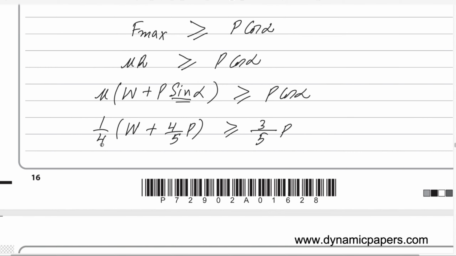I think that will be easier. Do the cross multiply: this 4 will multiply there, and you can bring this 5 here. To get rid of this fraction, 5 will multiply up, so it will be left with 5 into W plus 4/5 P, and this 4 will multiply 3, so it will be 12P.